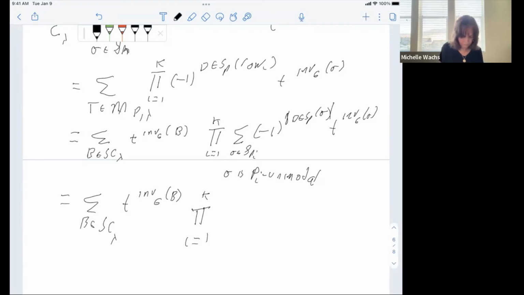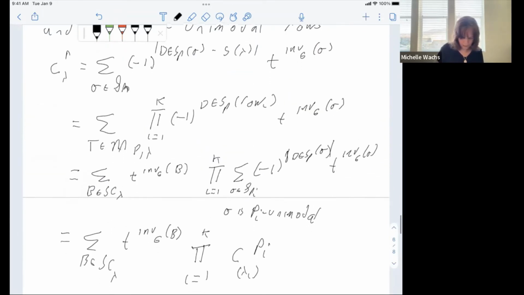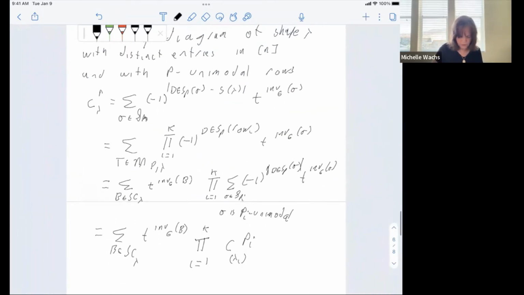We have, and shape lambda i. And that's exactly what we set out to prove, that this decomposes in this way. And so that's what we needed to prove, I said earlier, and that's what we've accomplished.